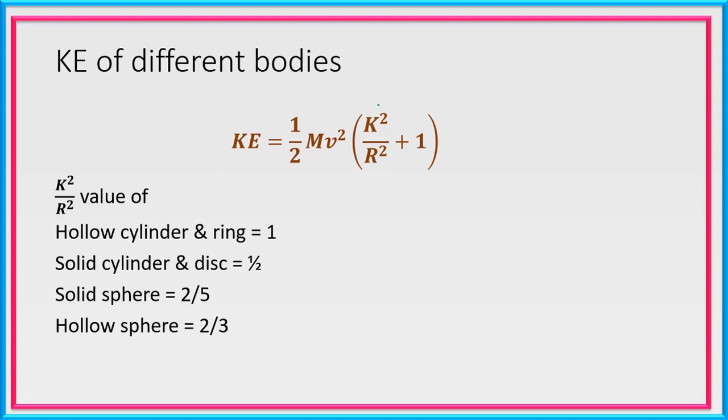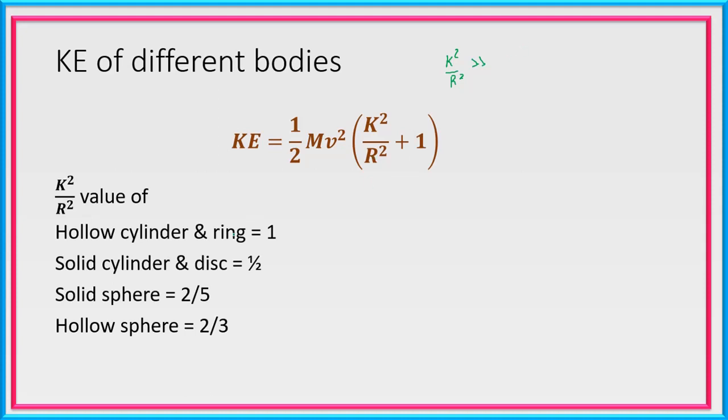As this term k square by r square increases, the kinetic energy also increases. Consider different types of body with same mass, with same linear velocity, but different k square by r square. Then the kinetic energies will be different. And this k square by r square owes completely to the geometry of the body. That is, it owes completely to how the mass is distributed and what the shape of the body is.